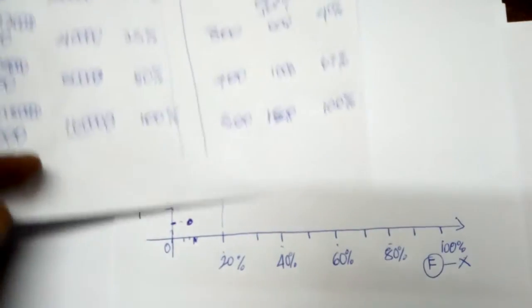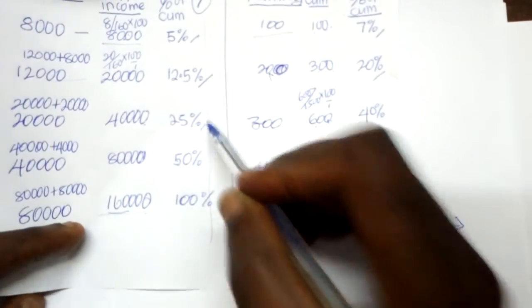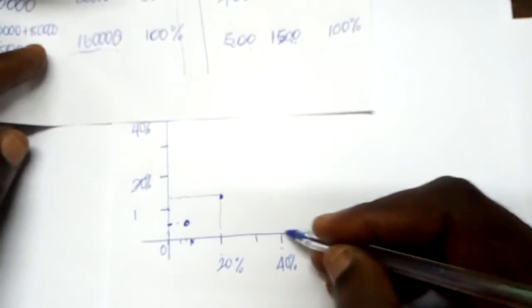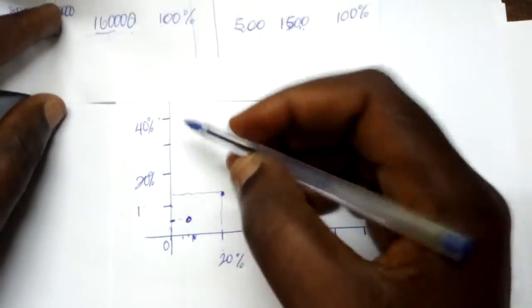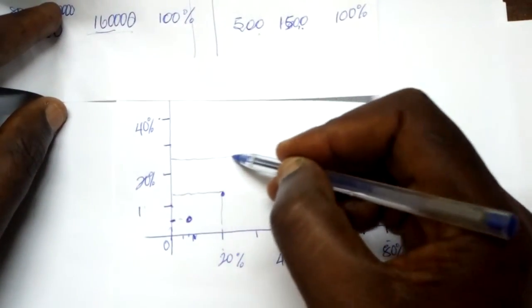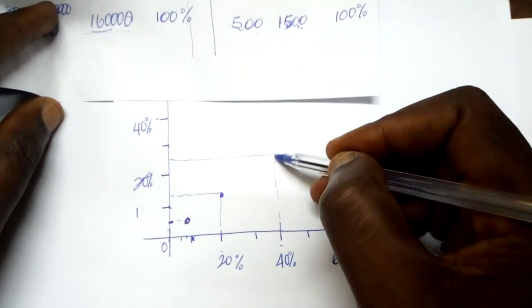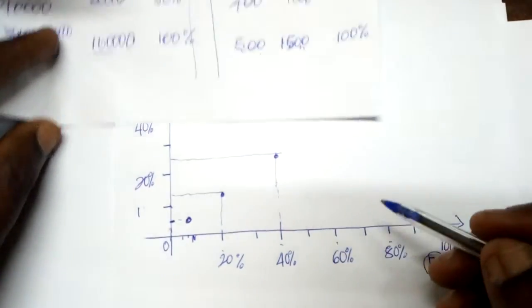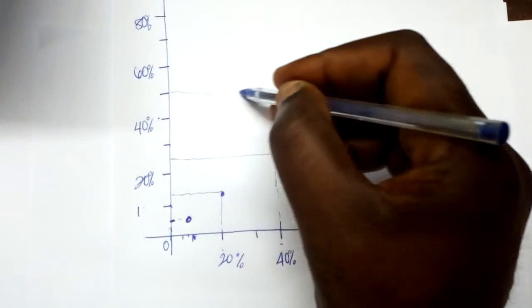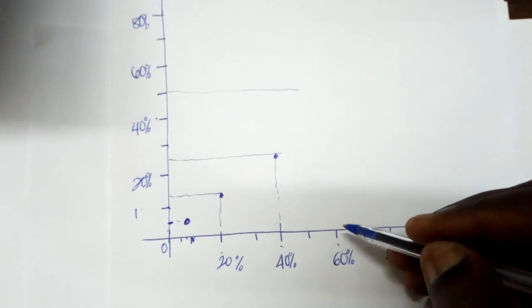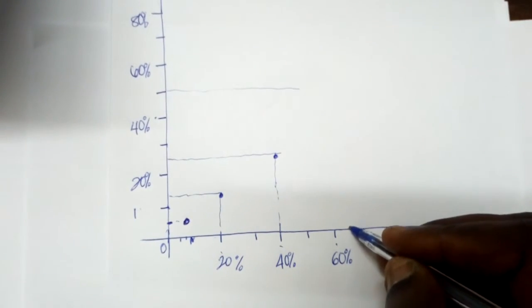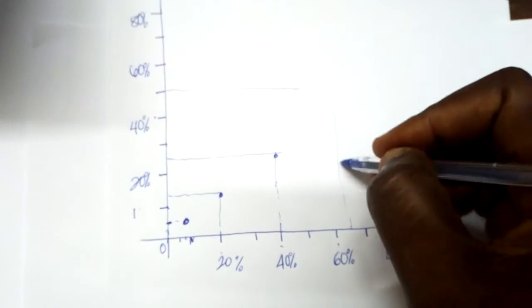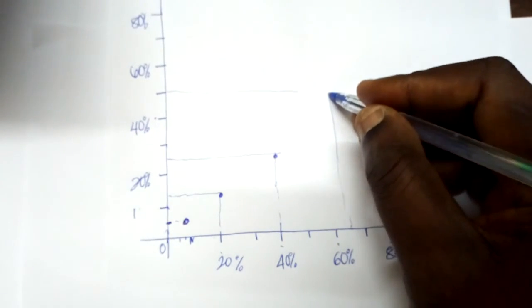Then this is 25%, and this is 40%. Then 25%, this is 30, so this is 25%. Now this is 50%, and the other one is 67%. This is 70, so 67% will be around there. You can see.